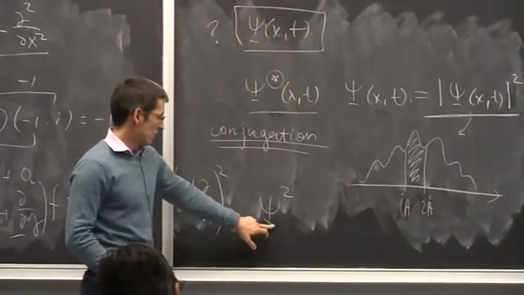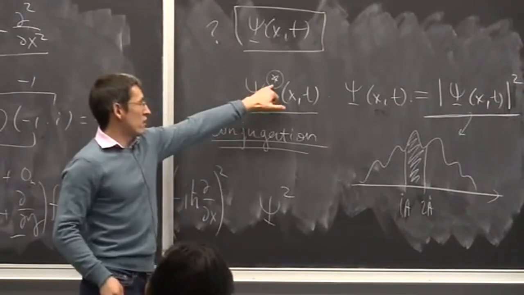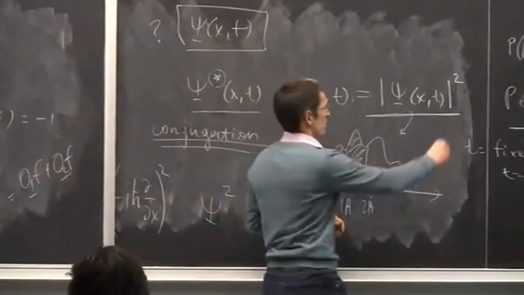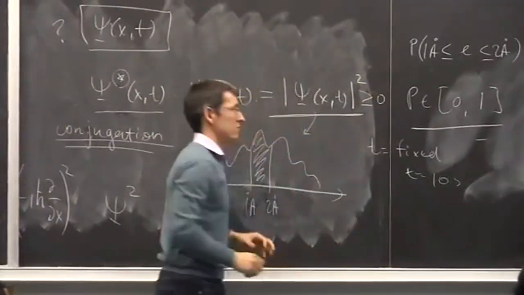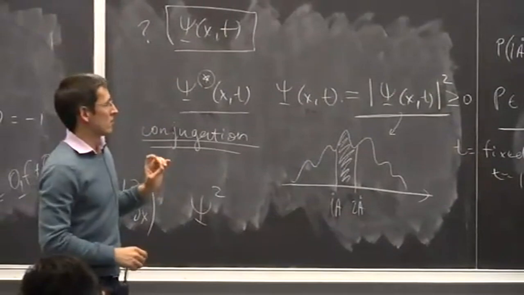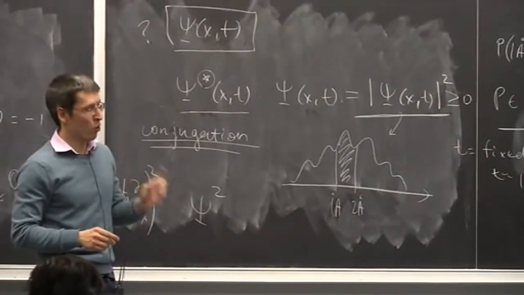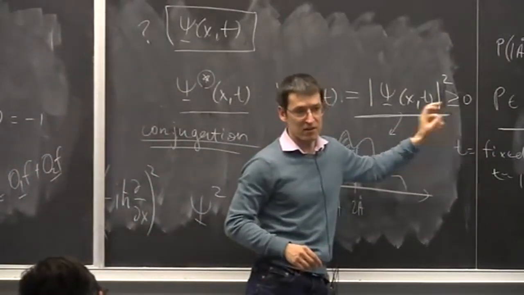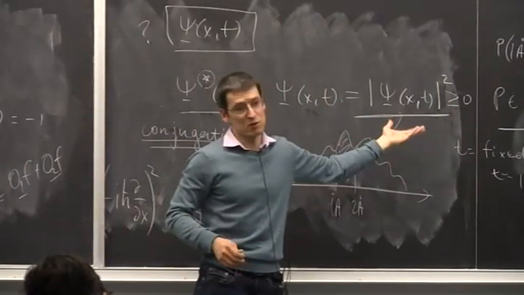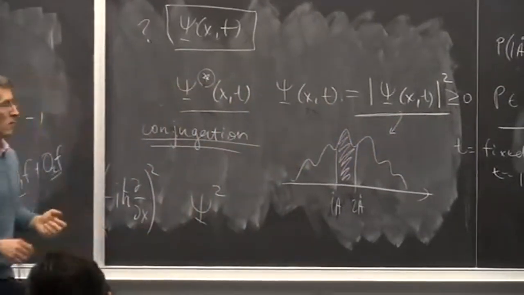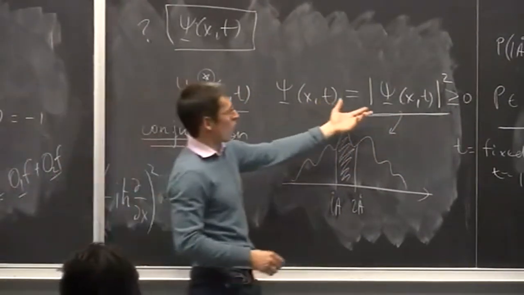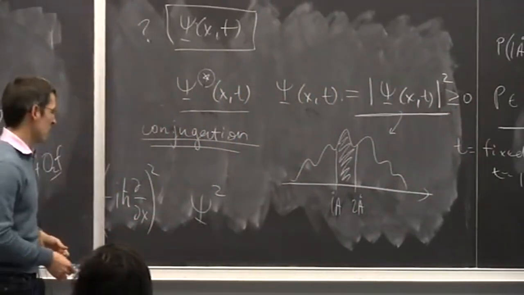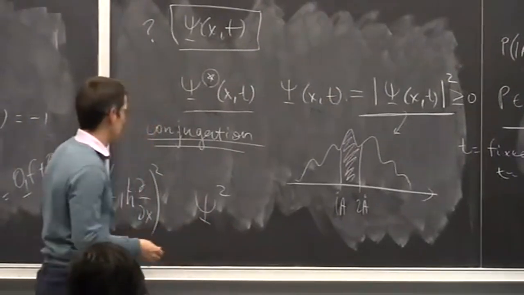That's the problem with it. The conjugation makes this absolute value squared of psi always positive. Well, mathematically speaking, mathematicians make a distinction between positive and non-negative. So this is actually non-negative because it can be 0, and 0 is not positive, right? The absolute square is always non-negative because probability density cannot be negative.